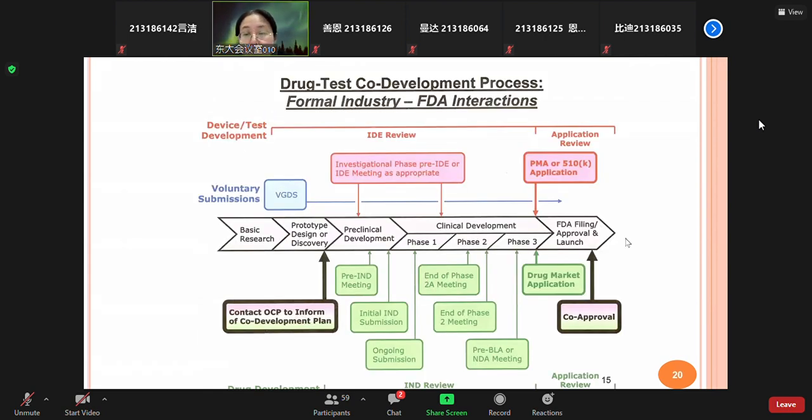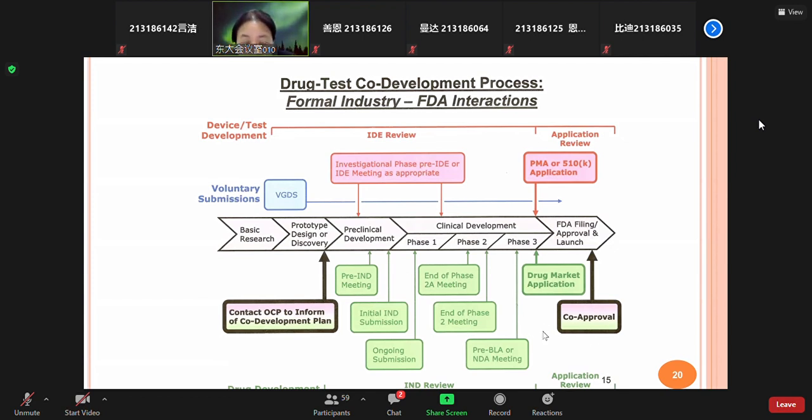I just show you this flow chart, and from this flow chart you can find that before the marketing of a new drug, there is a long and tough journey. Why? Because during this procedure, different researchers are necessary.